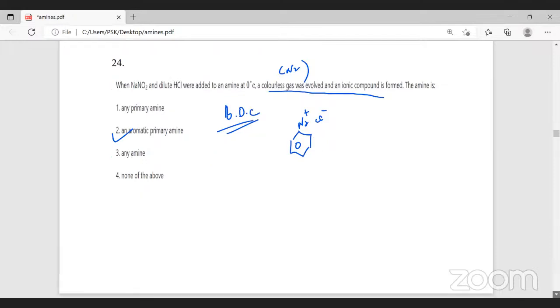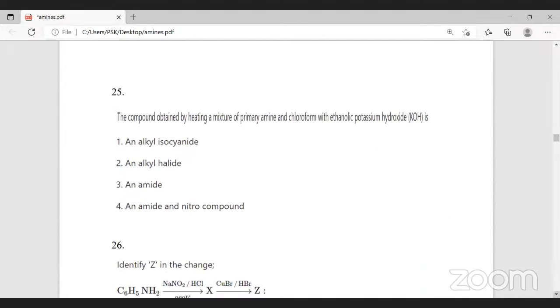The next question. The compound obtained by heating a mixture of primary amine and chloroform with ethanolic potassium hydroxide is.